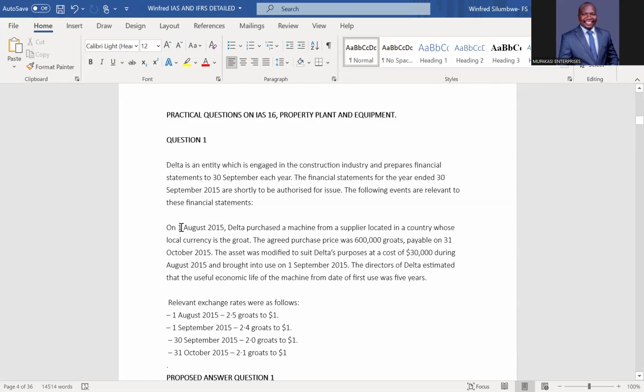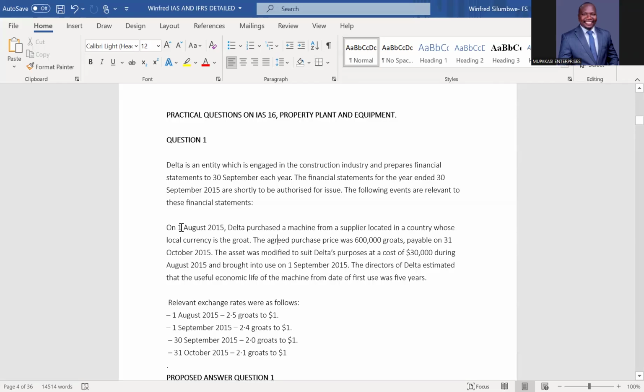The second item is that he was buying from a foreign supplier whose currency is the groat, and Delta's currency was US dollars. Now, this asset, even though it was bought on 1st August, wasn't paid for there and then. It was paid on 31 October 2015.